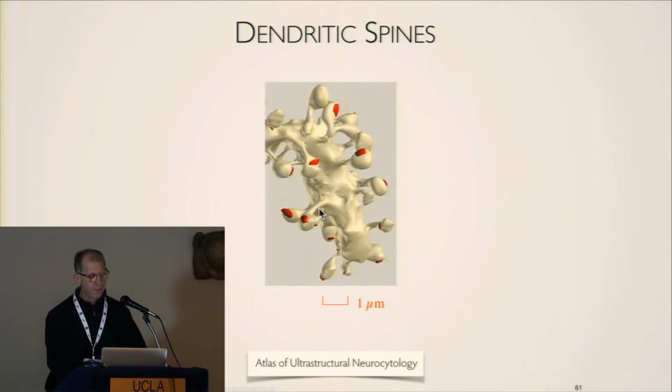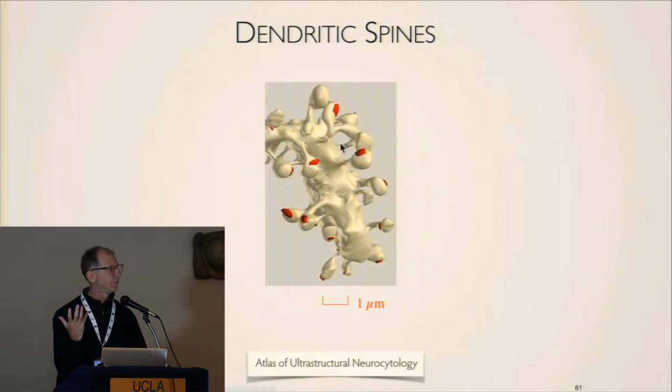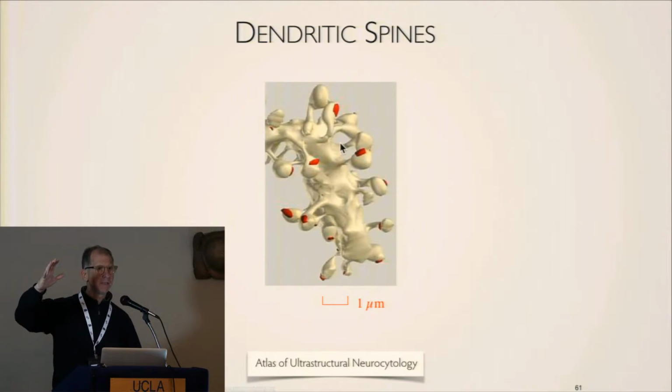Now, from the point of view of the electrical properties of this, what that does is create a high resistance to current flow through that neck, which means that an action potential here is going to depolarize this portion of it very, very effectively. So the spines become information receiving points which efficiently control how the incoming signal is carried to the output neuron.